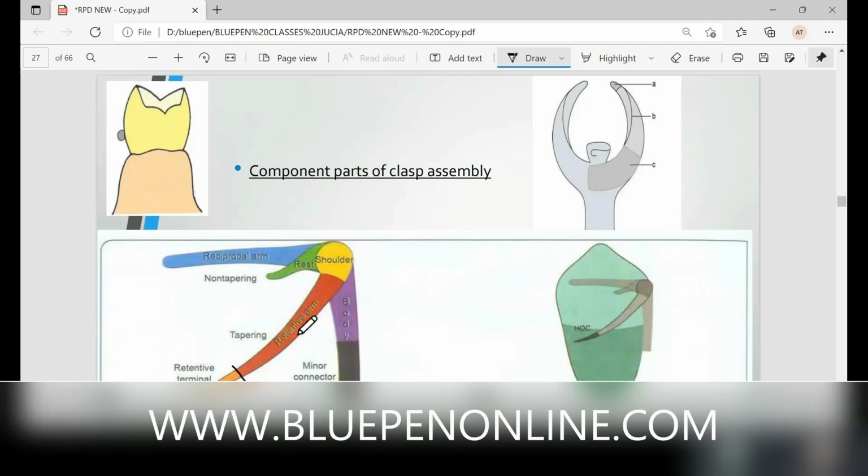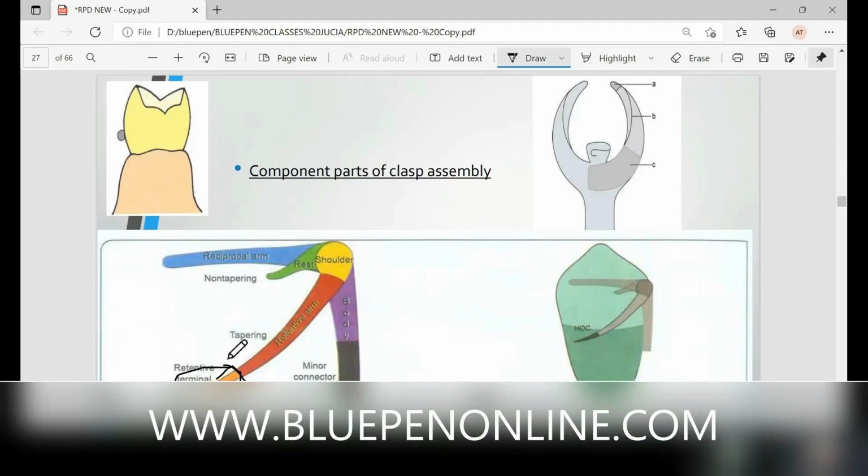Now the important thing is that this retentive terminal part is flexible. That is the important thing. The retentive terminal part is the flexible part. This is the only flexible part. Nothing else is flexible. The only flexible part of your complete assembly is your retentive terminal.